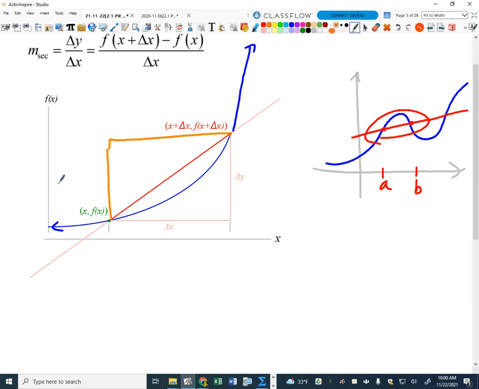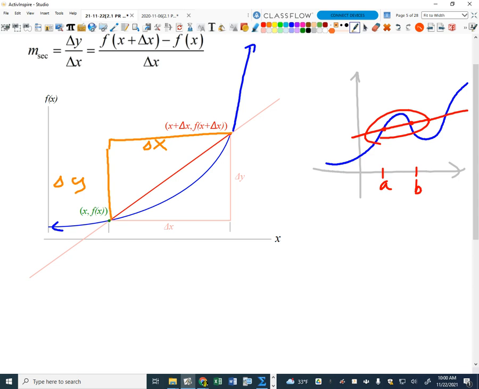That's our rise. That's change in y, and that's change in x. And we could define the slope of the secant line based on that slope triangle.